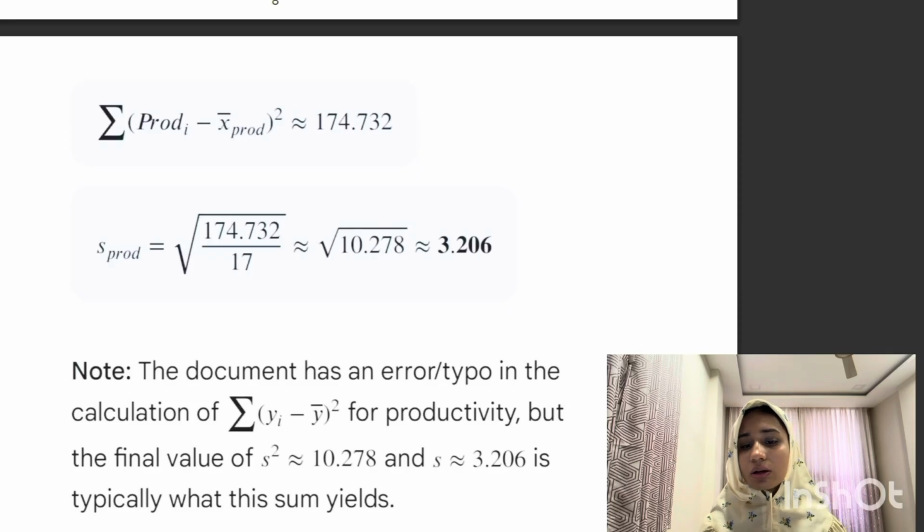Note: the document has an error or typo in the calculation for productivity, but the final answer is typically what this sum is. So this is the completion of question number 4.